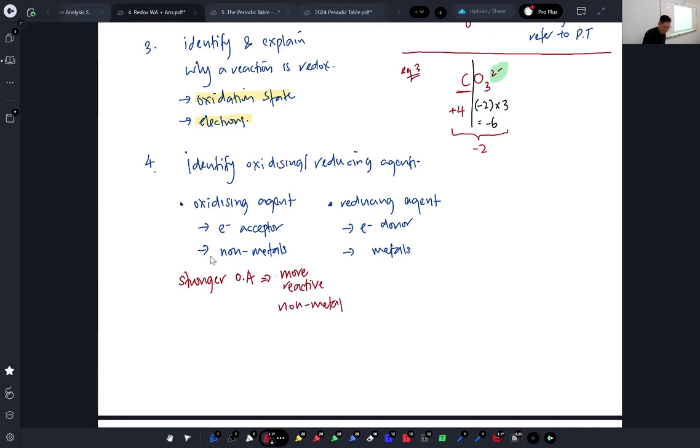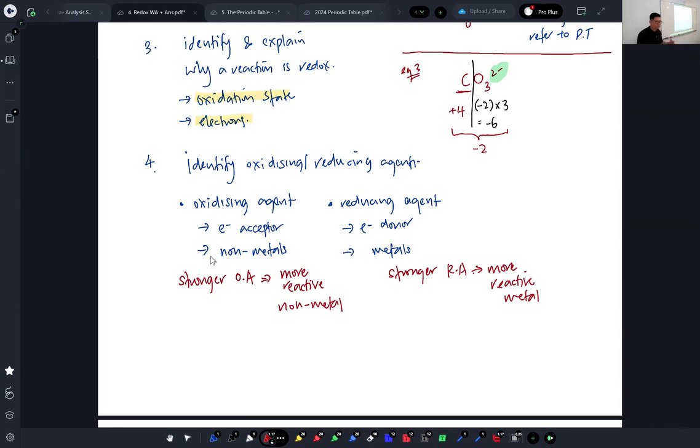I help you put one and one together. And of course, if they ask you which is the stronger reducing agent, typically it is the more reactive metal.